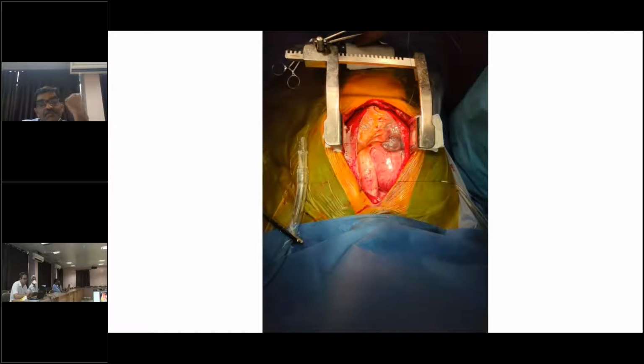So this is the picture of giant left atrium once we open the pericardium. I hope you can see this arrow. So this is the aorta, this is the right ventricle, this deep blue structure is the right atrial appendage, or you can consider this as the right atrium.